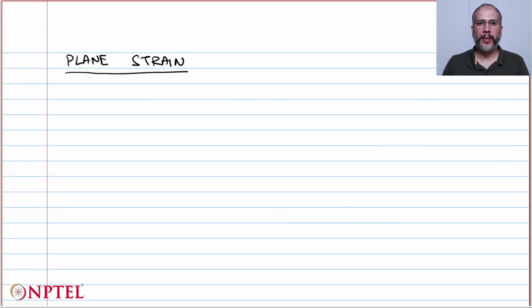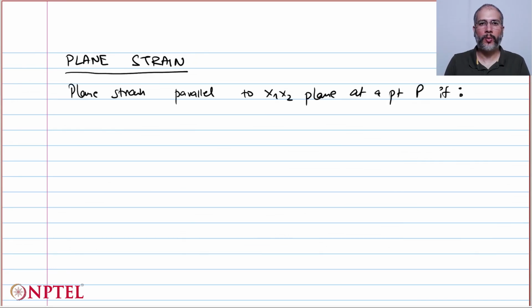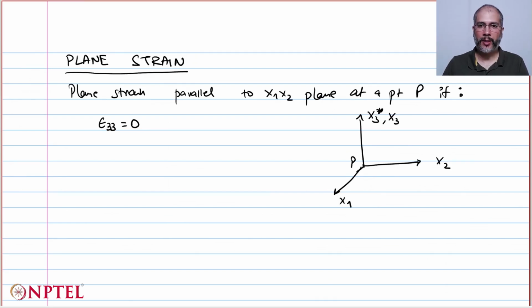We say that a plane strain situation occurs when one and only one eigenvalue of epsilon is 0. So let us say the direction 3 coincides with the principal direction of epsilon, and directions 1 and 2 can be any directions in the x1 x2 plane. So the principal directions would be somewhere here with x1 star and x2 star.